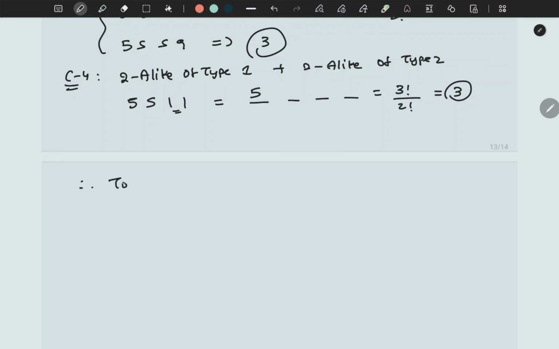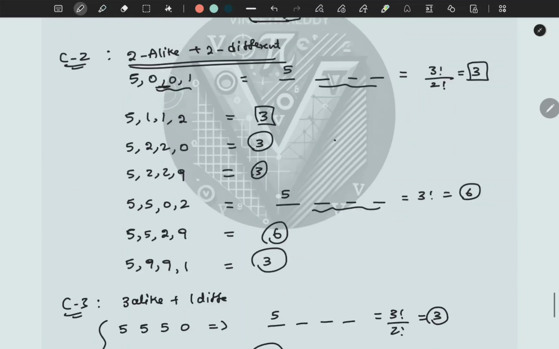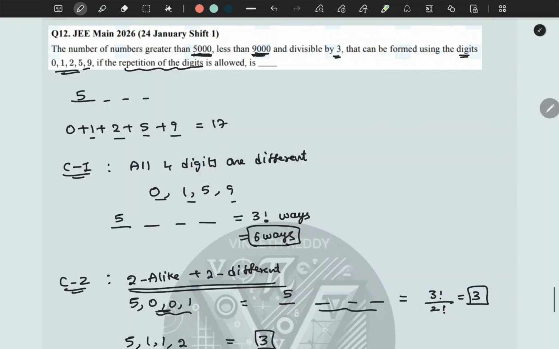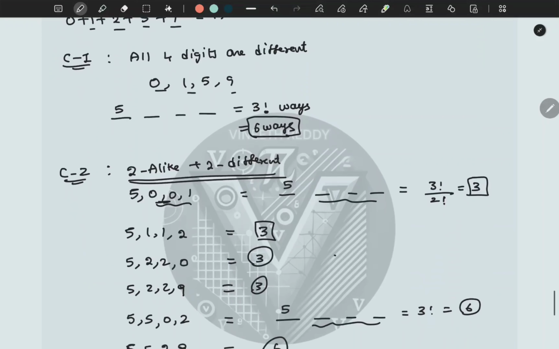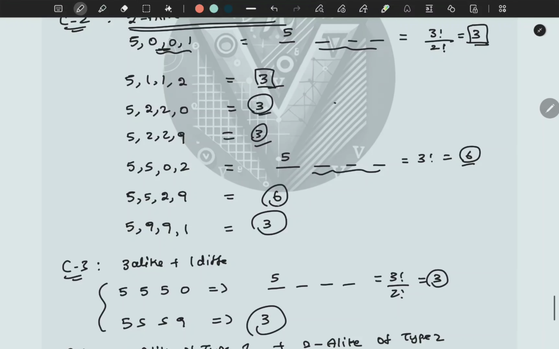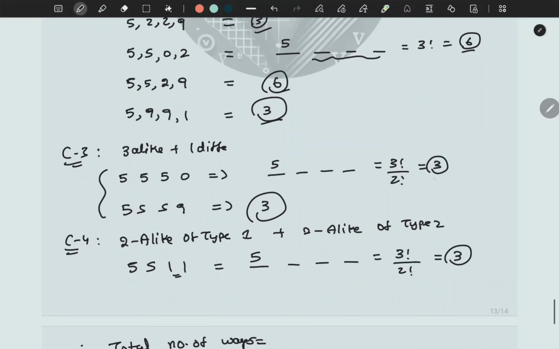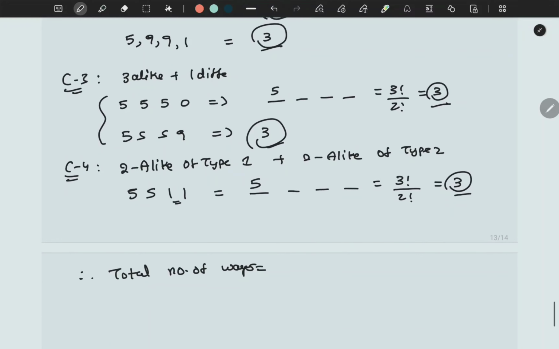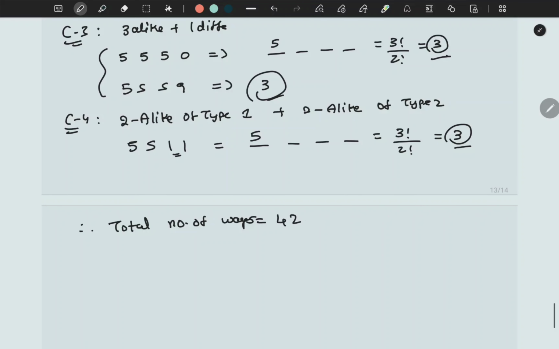That means the total number of ways will be 6 plus 3 is 9, 9 plus 3 is 12, 12 plus 3 is 15, 15 plus 3 is 18, 18 plus 6 is 24, 30, 33, 36, 39, 39 plus 3, I think it is 42 if my calculation is correct.